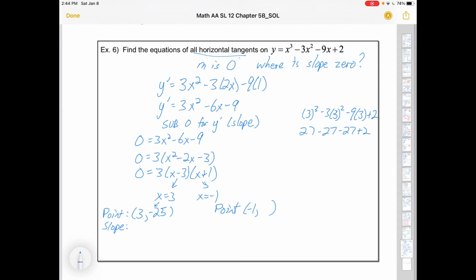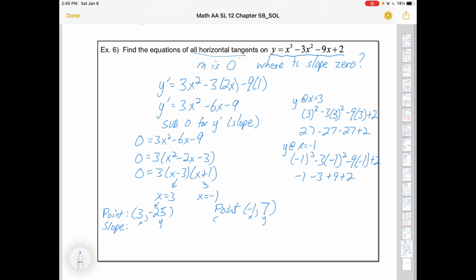The other one, if I put in negative 1, I'd have negative 1 cubed. So what I'm doing here to find a y value is to sub into the original, the one that says y equals x cubed minus 3x squared minus 9x plus 2. So that's negative 1 minus 3 plus 9 plus 2 gives us positive 7.